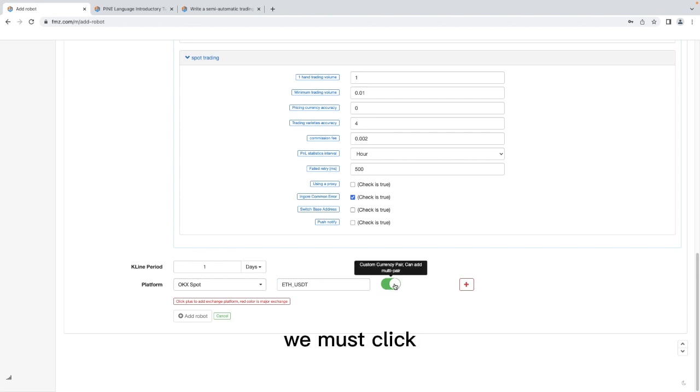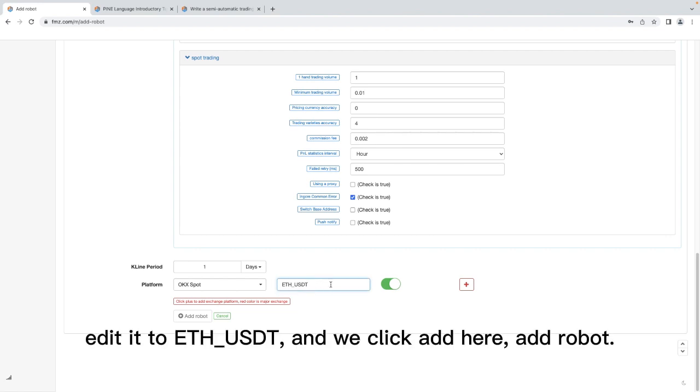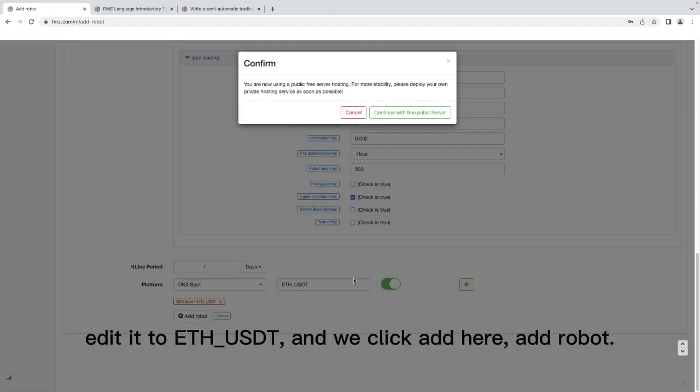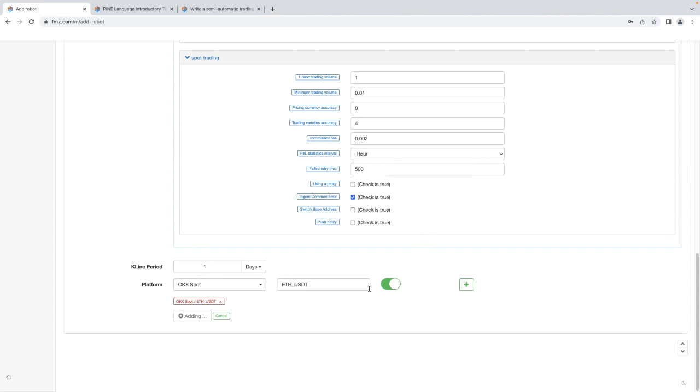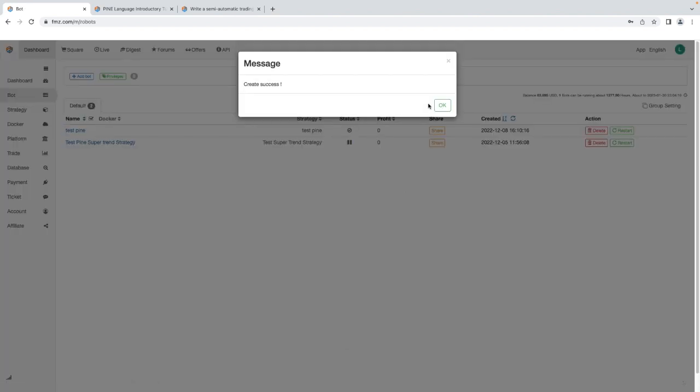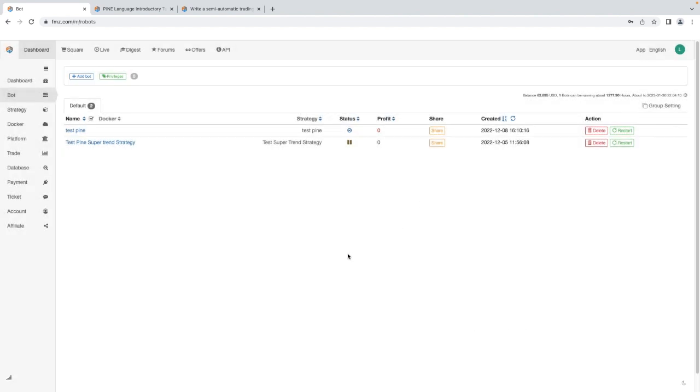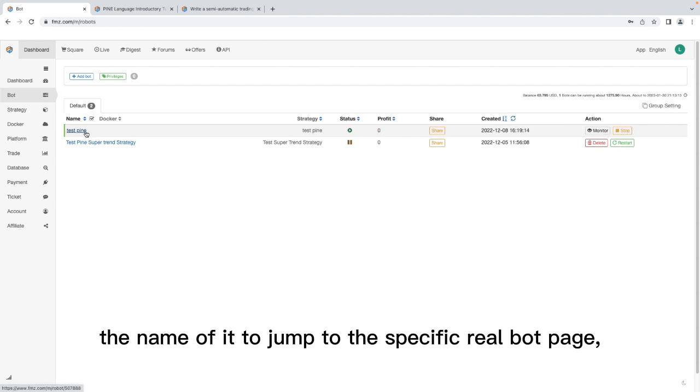We must click this one and edit it to ETH USDT, and then click add robot. We can see it was created successfully, and we can click its name to jump to the specific robot page.